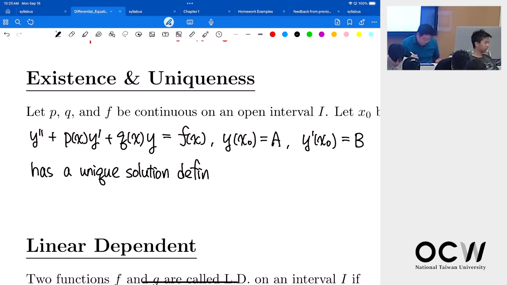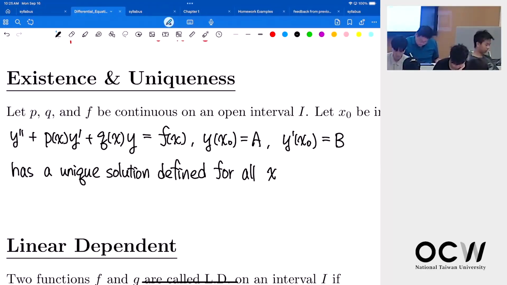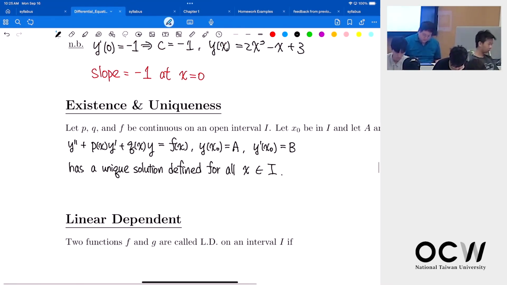So in this open interval, we have a unique solution.